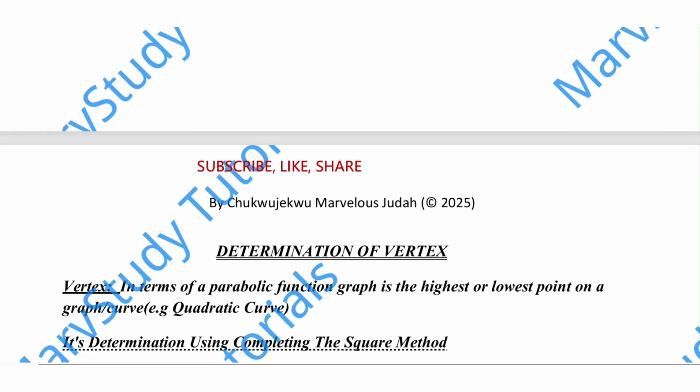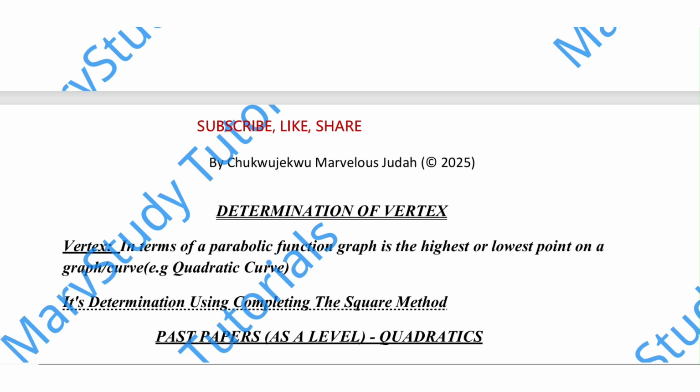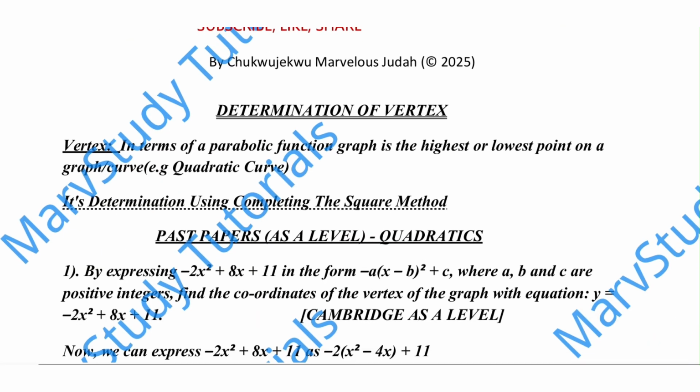So what have we been doing? We have been expressing quadratic functions in terms of the completed square form, right? So let's see how we can apply it in determining the vertex of the function. As I said, it's the highest point or the lowest point on the function.